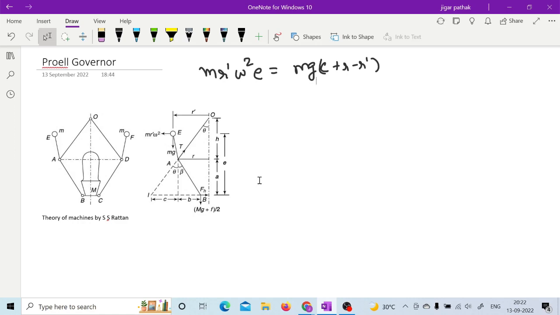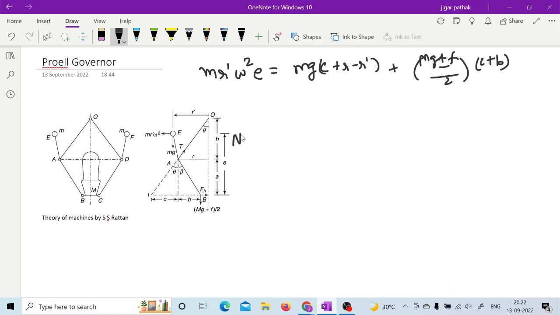So if you write this equilibrium equation in case of the Proell governor like this, and then simplify it as we have simplified in the previous case, then what you will get is this.